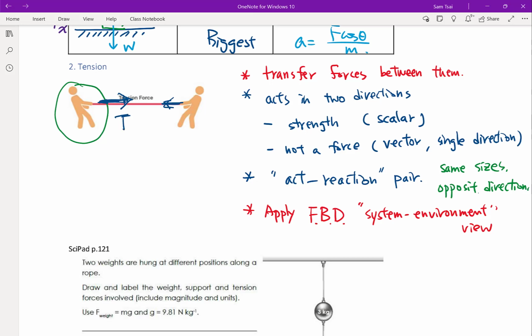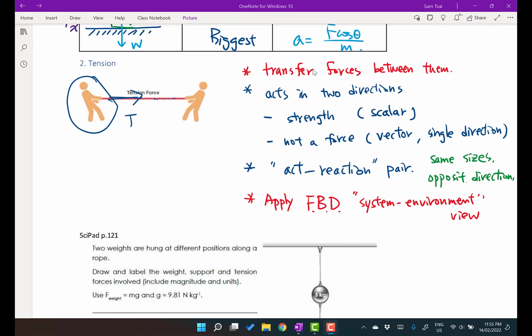We assume the tension is the same size inside of the string. So the tension has the same size inside the string everywhere.